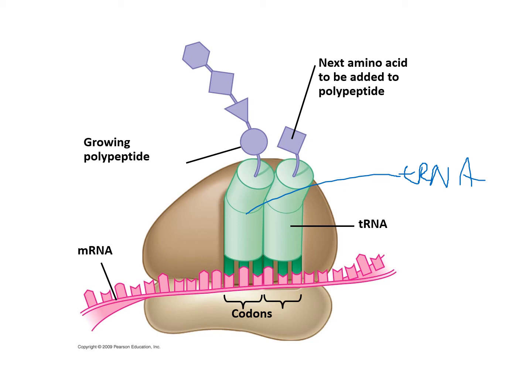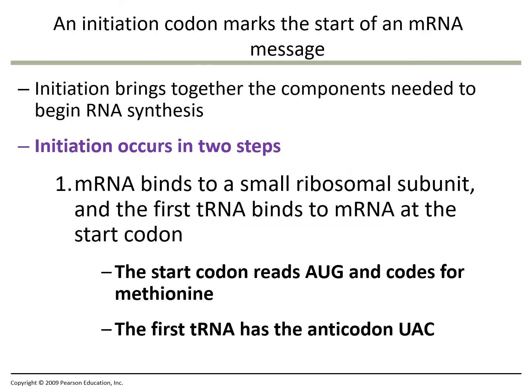Then the amino acid will break off and join onto the amino acid that comes in and joins into the A site. This tRNA will leave, and this tRNA will move to the P site. So the one in the A site moves to the P site, leaving the A site available, and then it will read the next codon and bring in the next tRNA.